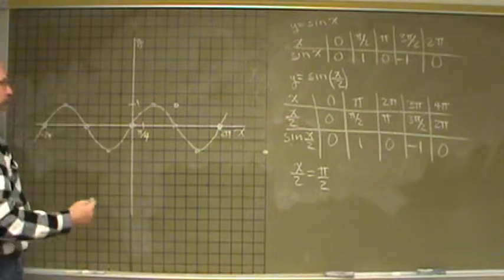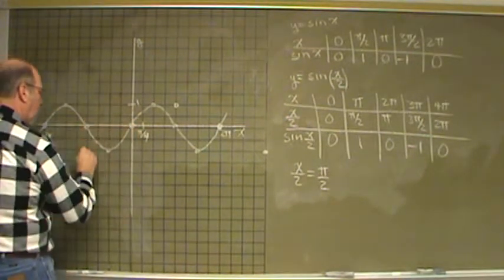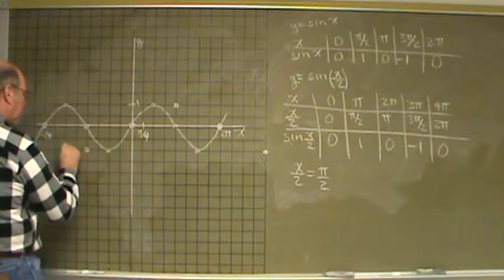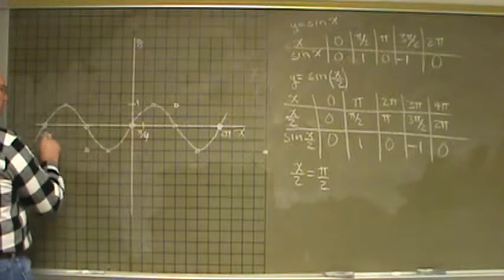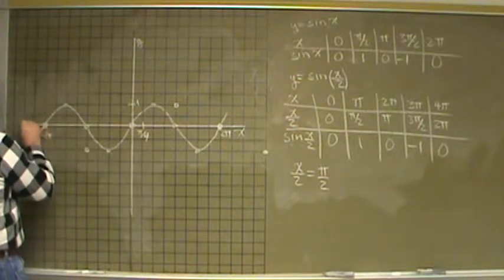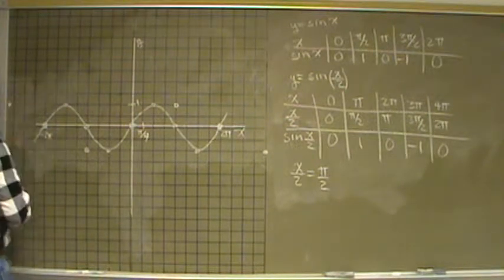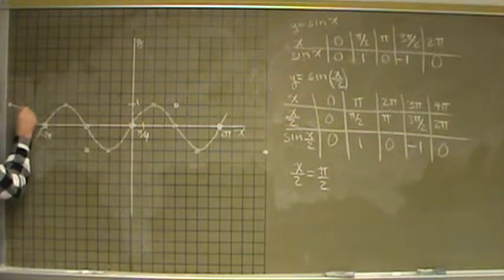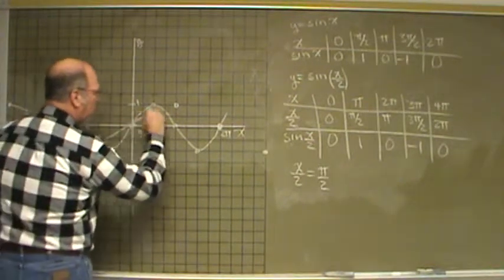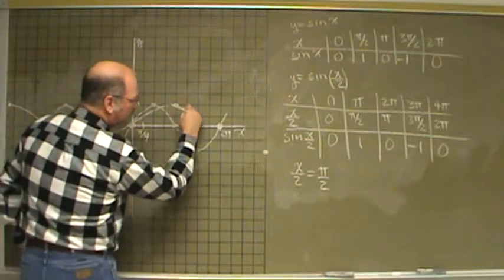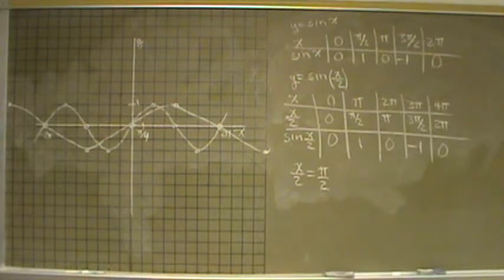Then 1, 2, 3, 4 puts me back at 0, and then 1, 2, 3, 4 puts me up at 1. So what you have here is a long, stretched out sine wave. It looks something like that.